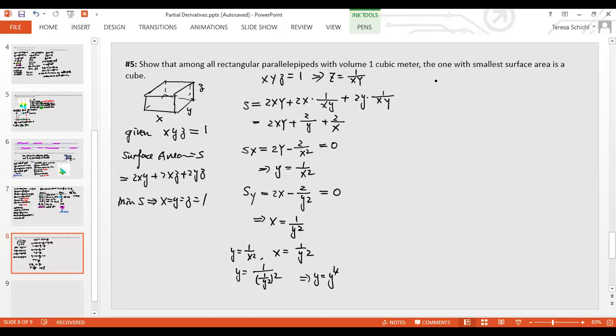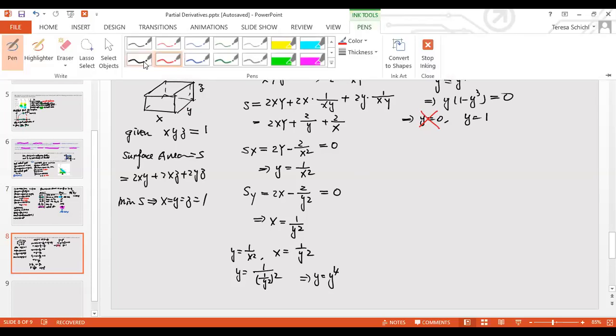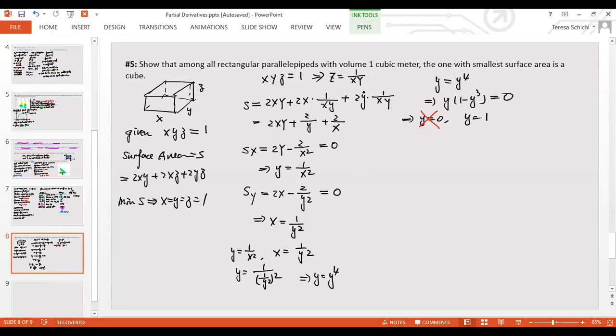Okay, so now let's solve this. y equal to y to the fourth means y times (1 minus y cubed) is equal to 0. So y equals 0 or y equals 1. And y cannot be equal to 0, because if y is 0, there's no box here. So y has to be equal to 1.